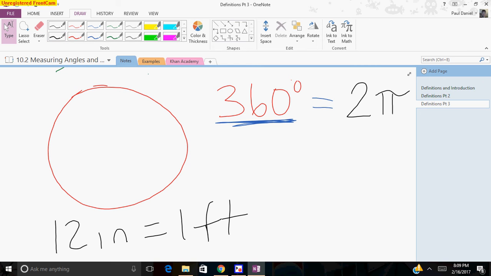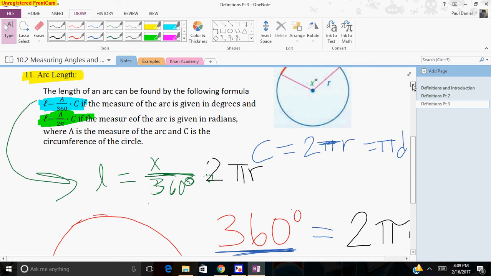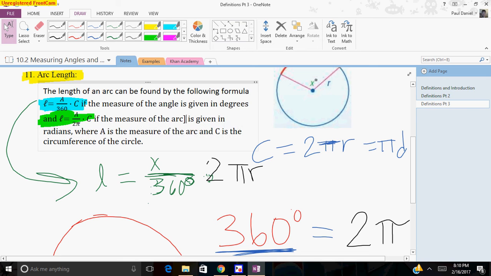That is why, if you look up above here, you're going to see the other way of measuring arc length is if they give you your angle in radians. That's probably what I should have said instead of saying arc, so I don't want you to get confused. If the measure of that angle is given in radians, then I'm just going to exchange the 360 degrees for 2 pi, which is its equivalent in radians.